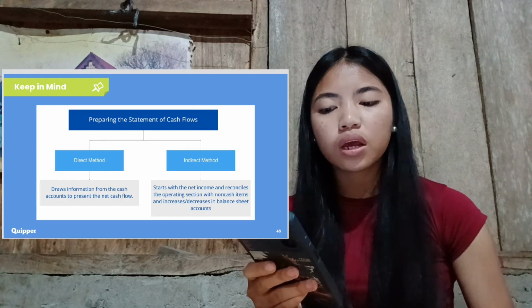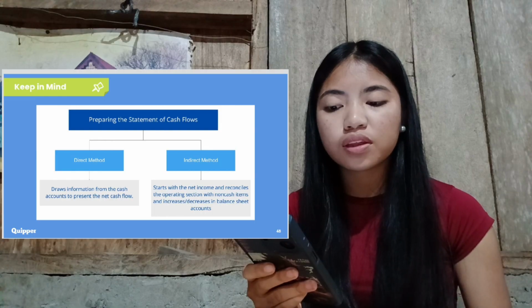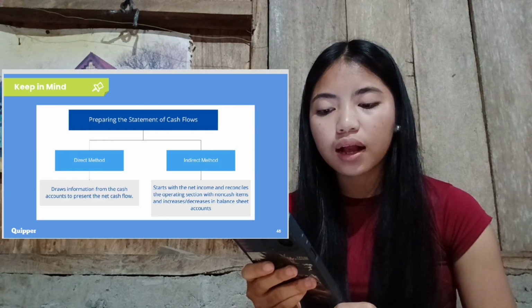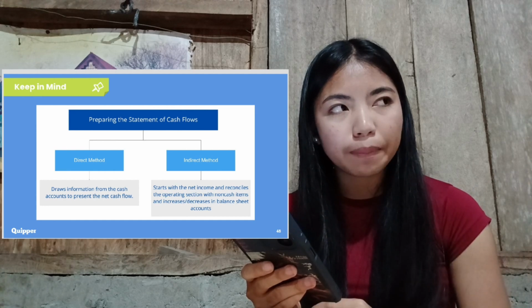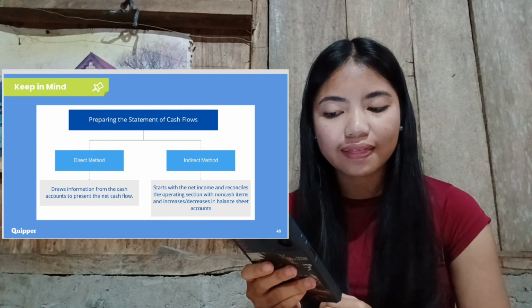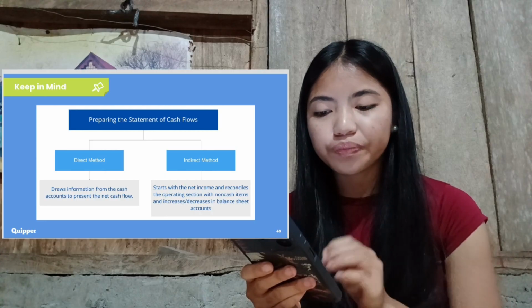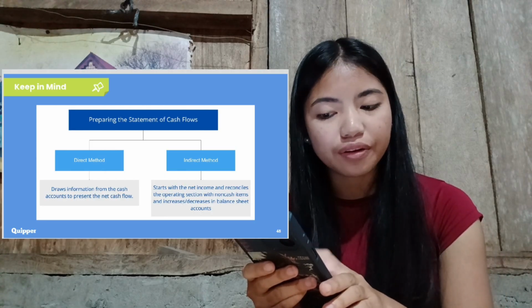So ang indirect method, nagsugod na siya sa net income and mag-operate gyapon ni siya sa mga apil ang mga non-cash nga items. Pareha sa mga depreciation kato. So belong ni siya sa indirect method.